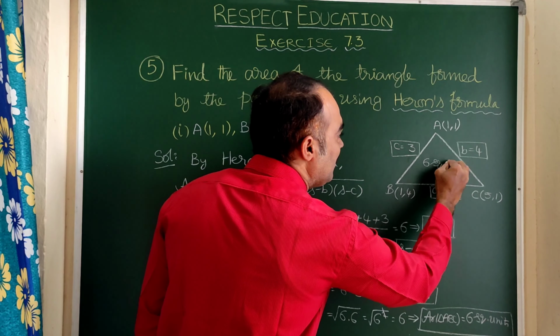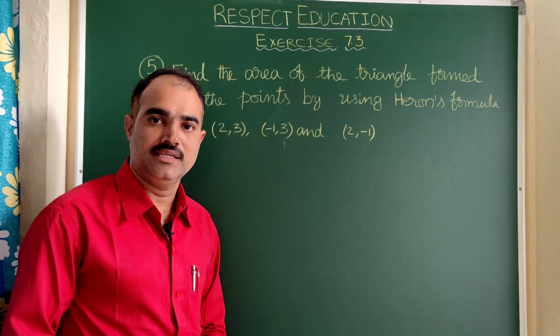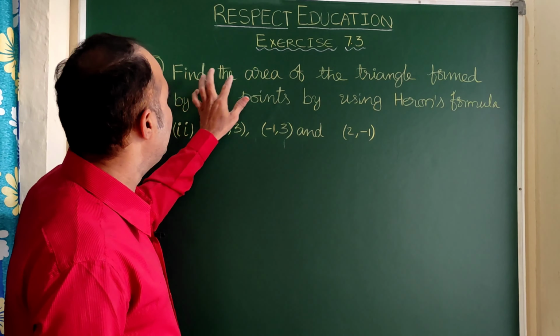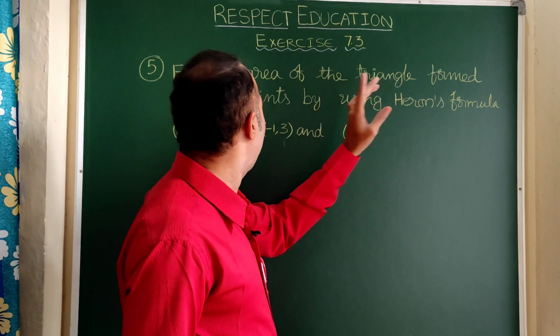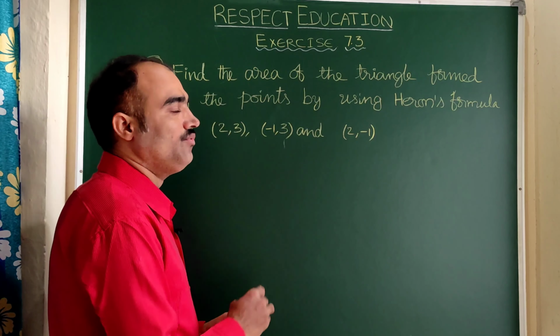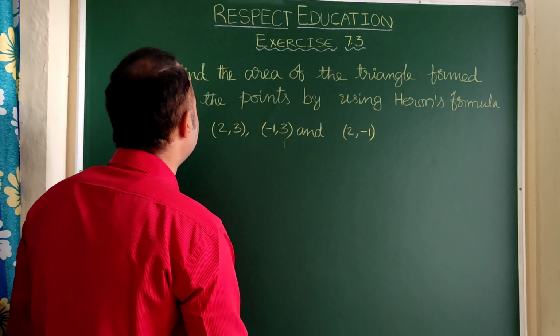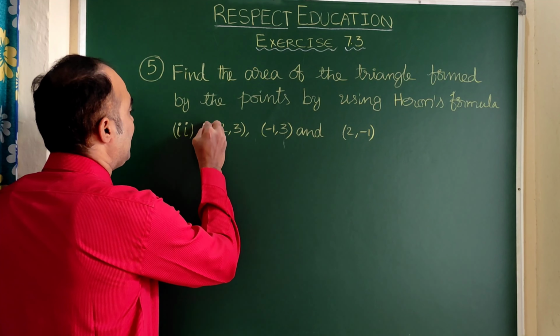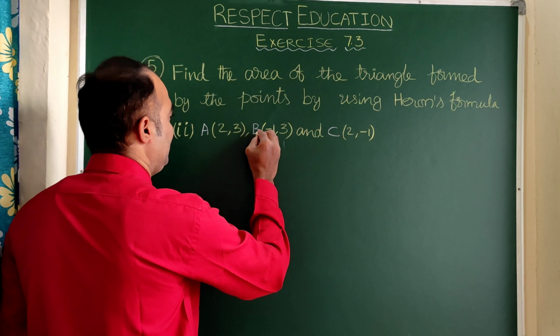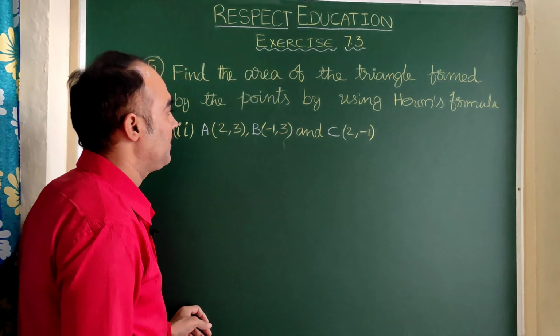Now let us see the fifth problem, second bit. Find the area of the triangle formed by the points using Heron's formula. These are the points given. Let us label them as A, B and C. These are the given 3 points.